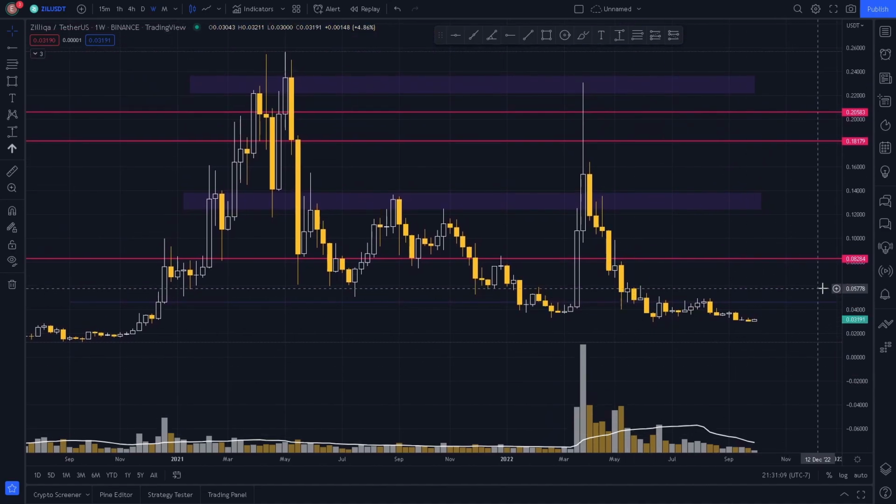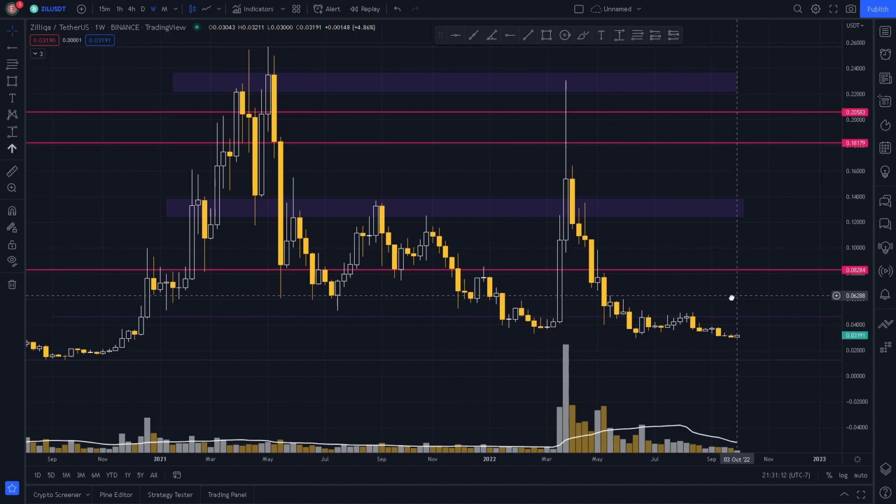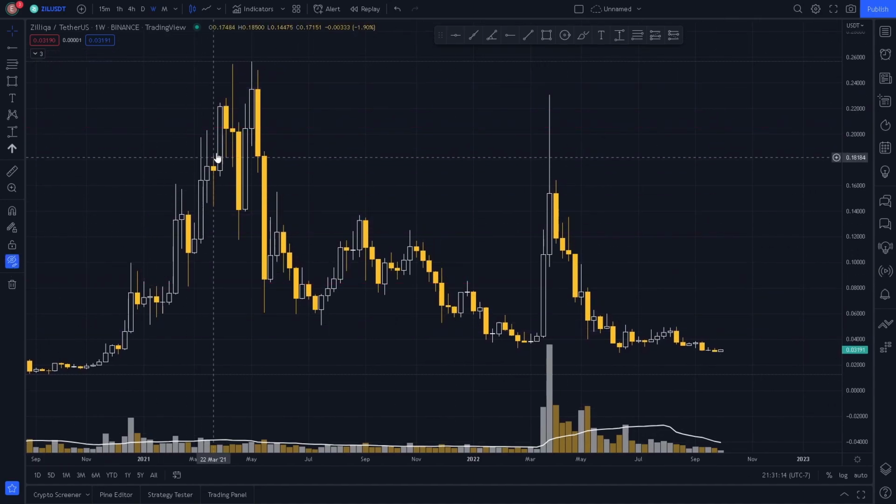Now, looking at our chart, we have a lot more structure involved. Looking at it without any of our key levels, we have no idea where price may react if it does come further up.